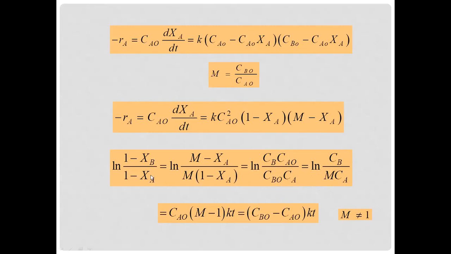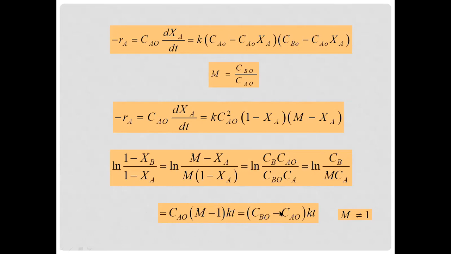This is one for y, and this is one for y. All plotted against the t, meaning your slope for your line will be the quantity CBO minus CAO times K, or in the case of this one, that would be CAO times the quantity M minus 1 times K. Okay, that would be your slope.